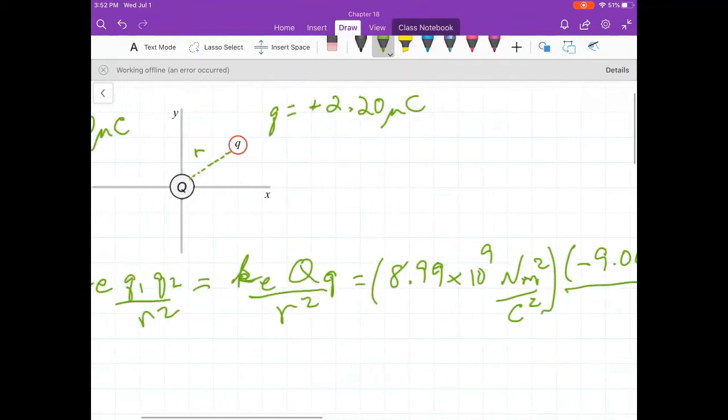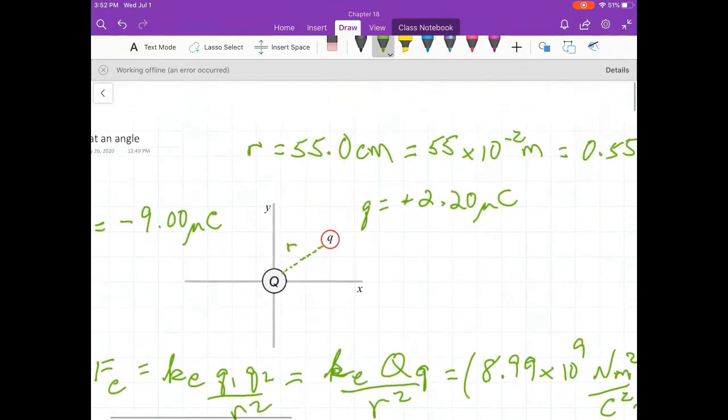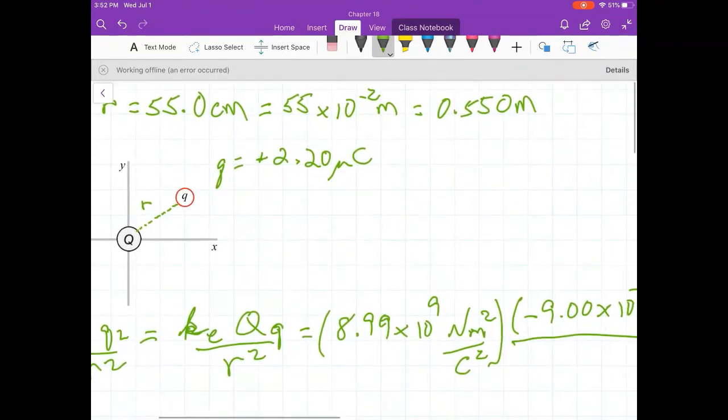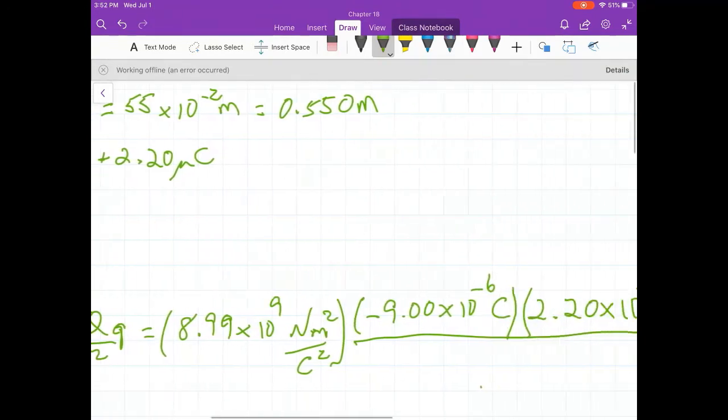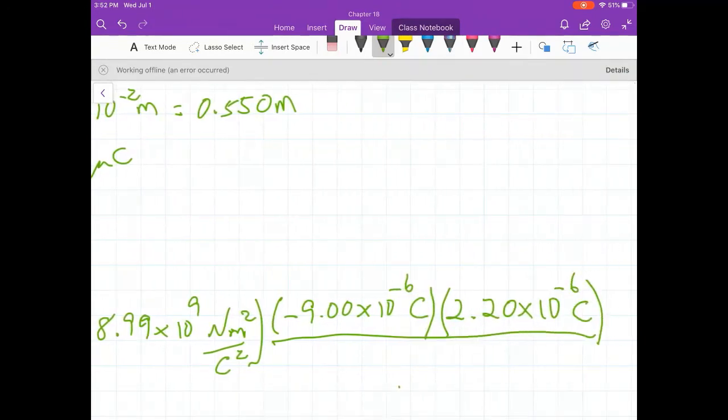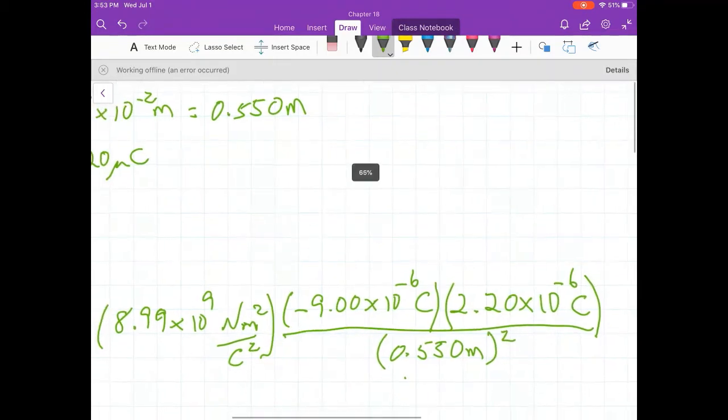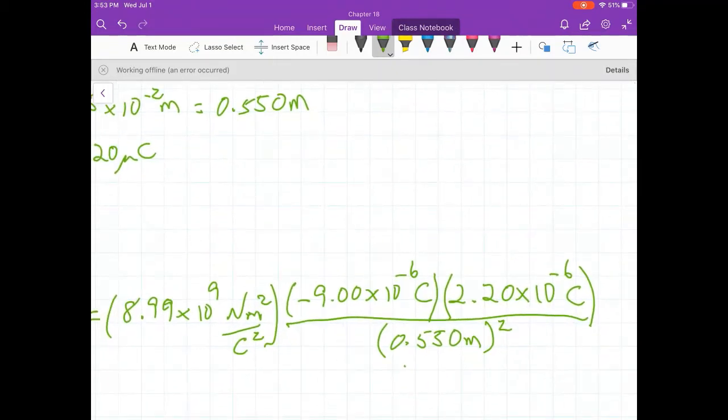The separation squared, we're going to use the value in meters, 55 centimeter, 55 times 10 to the minus 2, 0.55 meter, quantity squared.